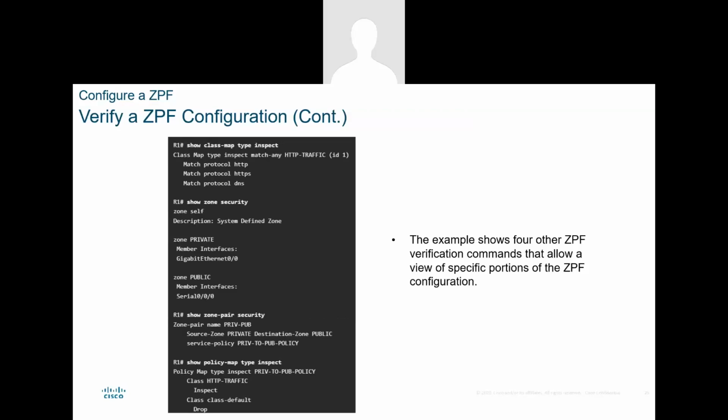The show policy-map type inspect zone-pair private-pub command was used. In here, they're showing the packet status: how many packets were inspected, allowed, and dropped.